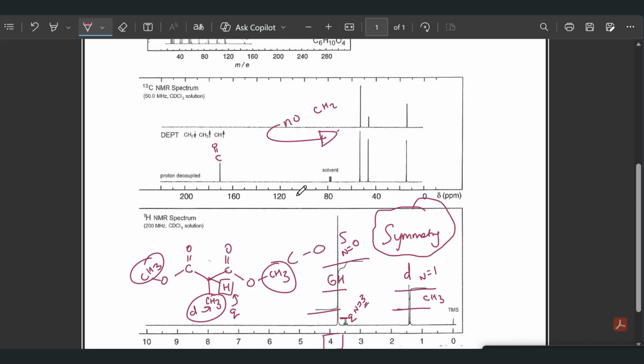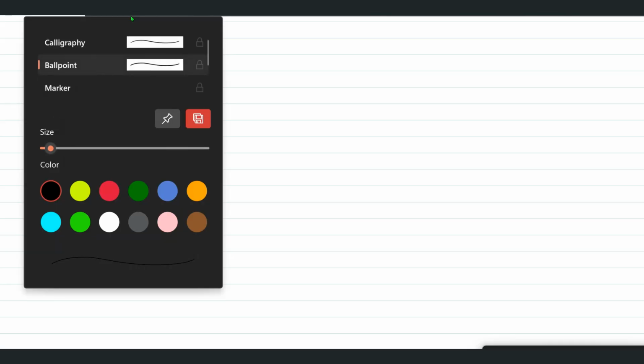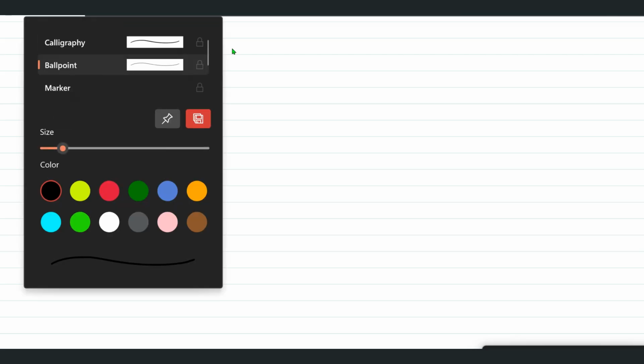Got it. Now let's go to the other ones. So if you're given this structure, this is for the polymerization one.